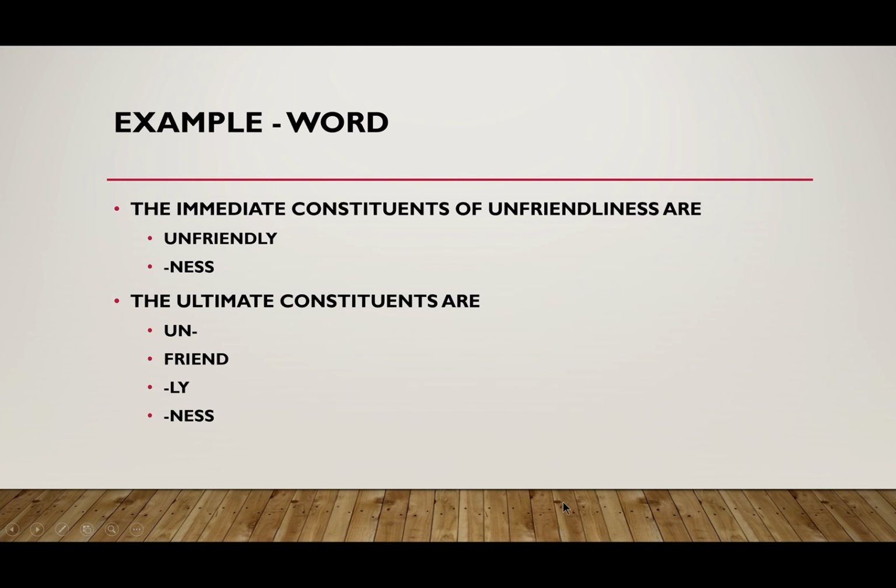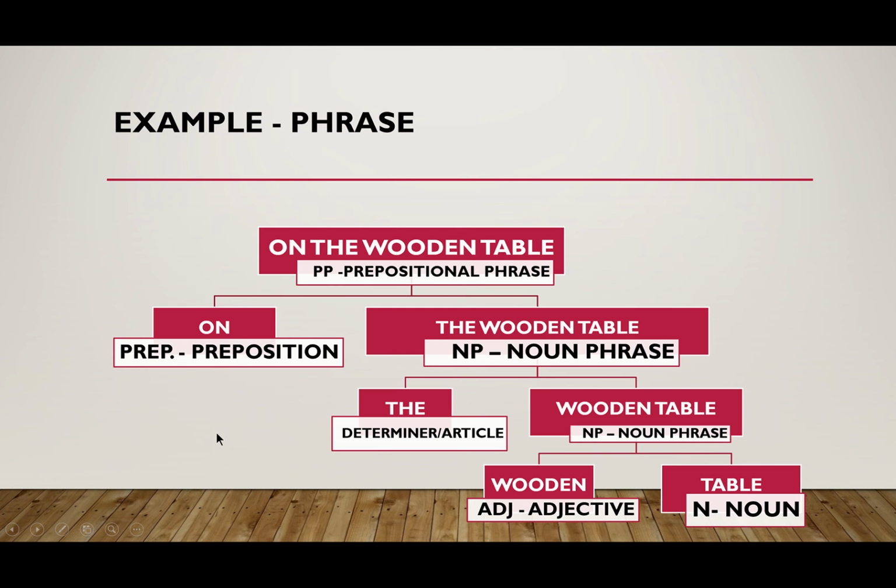So now the immediate constituents of unfriendliness are unfriendly and ness. The ultimate constituents, that is to say the ultimate splits that you can have of this word, are un, friend, lee and ness.